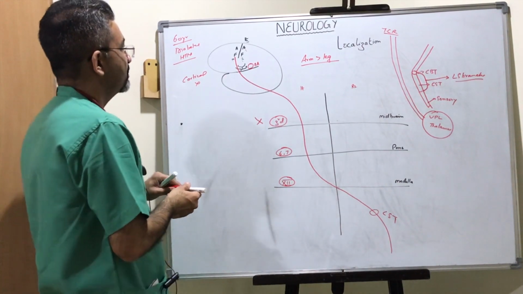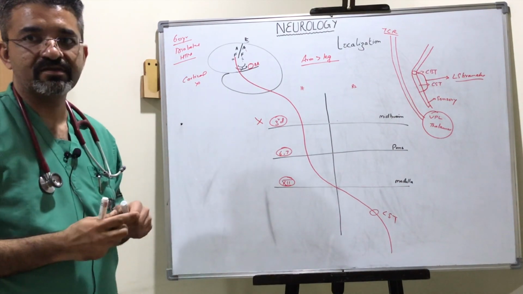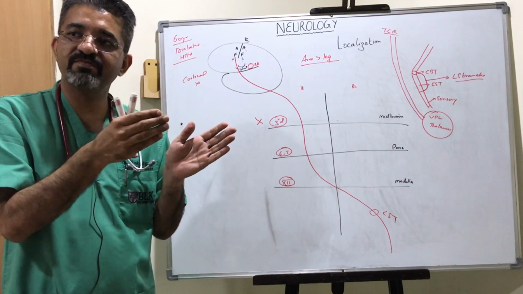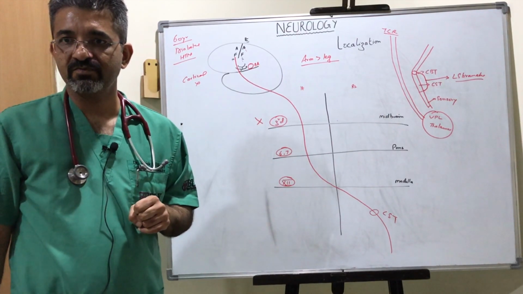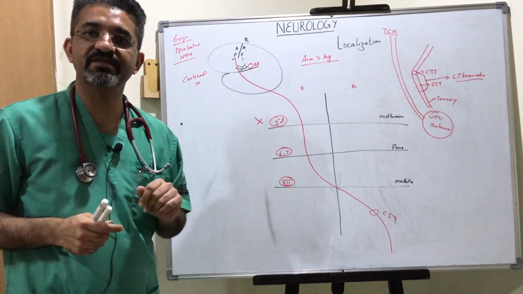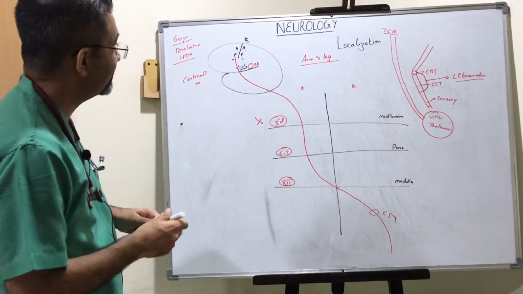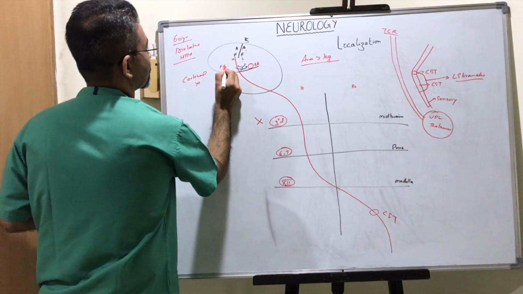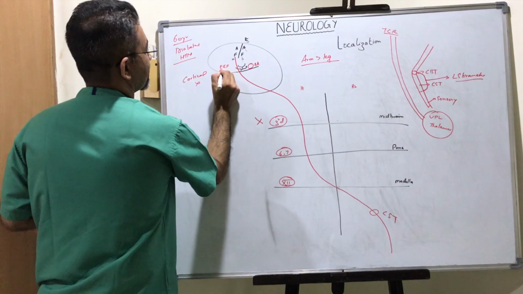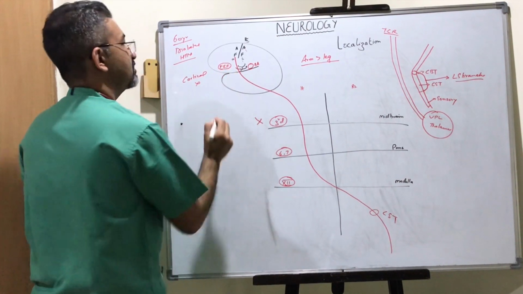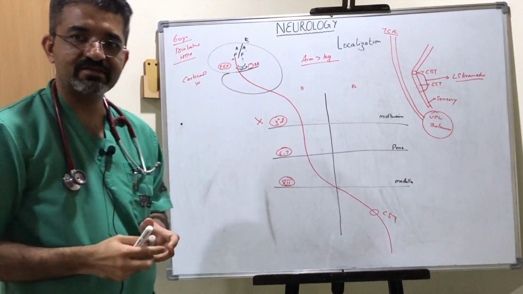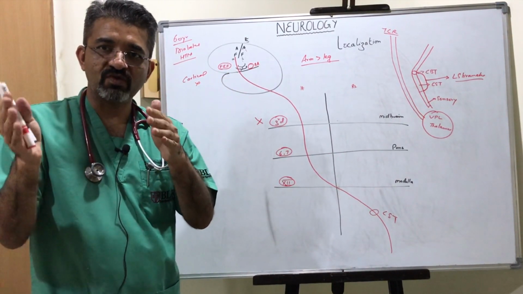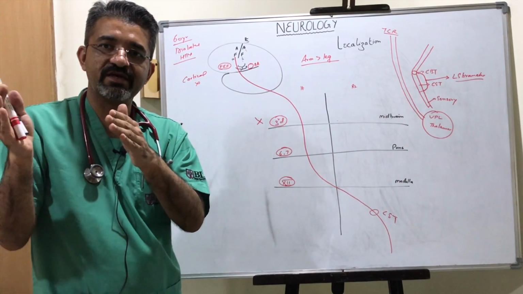Suppose the patient says that the eyes are deviated away from the hemiplegic side. What does it mean? It means that there is involvement of the frontal eye fields. Frontal eye fields are in the middle frontal gyrus. The left frontal eye field pushes the eyes towards the right side, and the right frontal eye field pushes the eyes towards the left side.